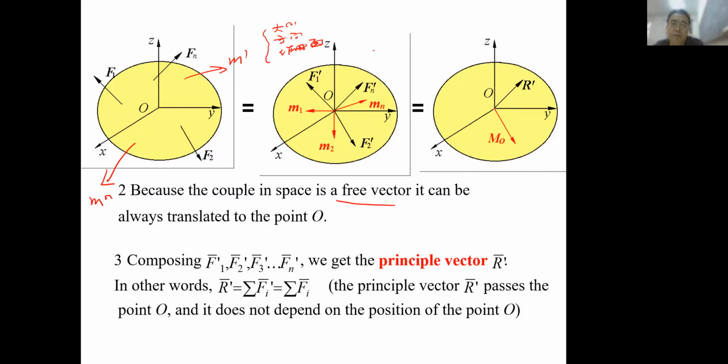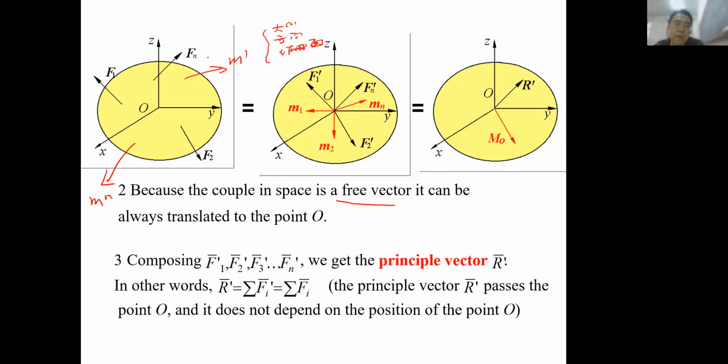If we keep these planes parallel to each other, then when we move this free vector from this position to point O, it will not change any effect of this couple on the body system. So that tells us when we translate a force, we should add a couple.